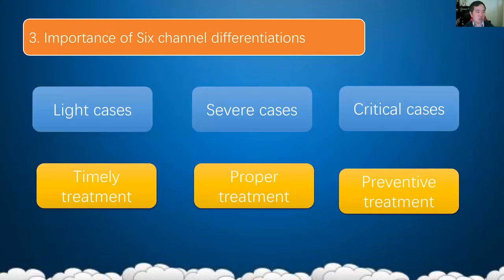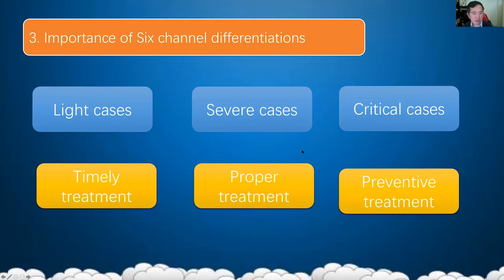Why is it important to use 6-channel differentiation? Because during the development of COVID-19, we could see that sometimes we have light cases due to wind-cold invasion. We have severe cases due to wind-cold invasion, or even critical cases due to wind-cold invasion. And we also have to understand that at the stage of light cases, the pathogenic factors, the mechanism, the pathogenic changes are different from those at the severe or critical stages.